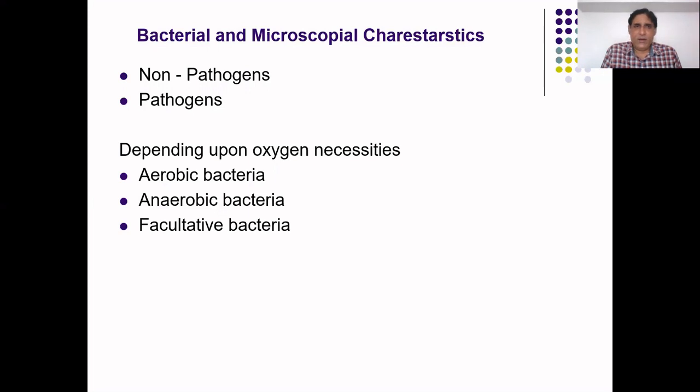Bacteria are basically of two types. First are non-pathogens and the second are pathogens. Non-pathogens do not cause any disease. They are not harmful. Pathogens are harmful and they will transmit and make you sick, like in the case of typhoid.